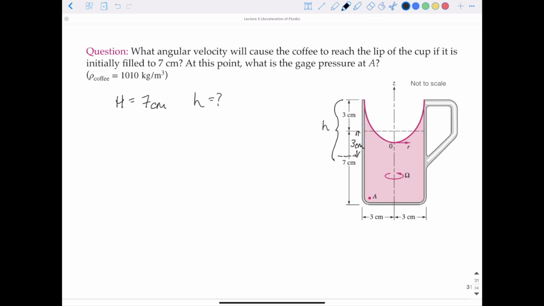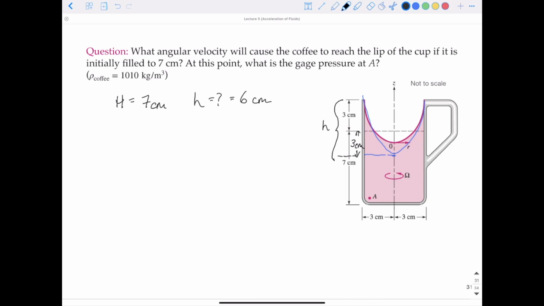So this whole distance is h. If this were drawn properly, the surface would actually come all the way down to here, something like this. So don't let the scale of the question throw you off. If this is the case, then h is actually equal to 6 centimeters.